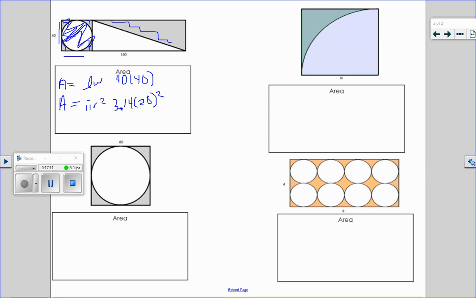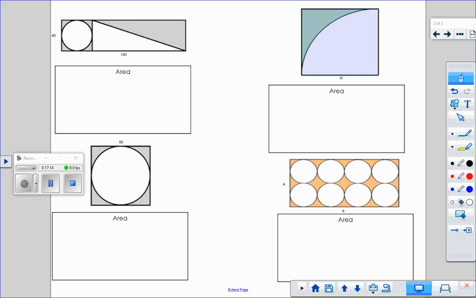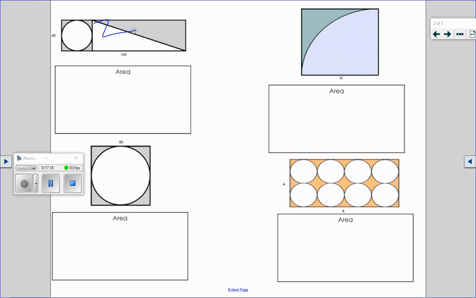Okay? For the next part of that one, you need to then figure out this triangle on the side. So the whole shape originally is a long rectangle. So we need the area of a rectangle. So we have length times width, and we know that this amount is 160 and this amount is 40.